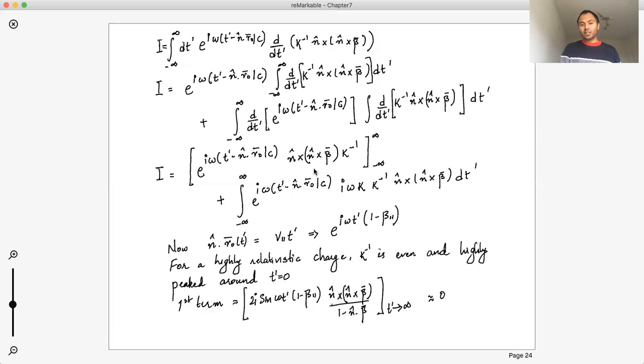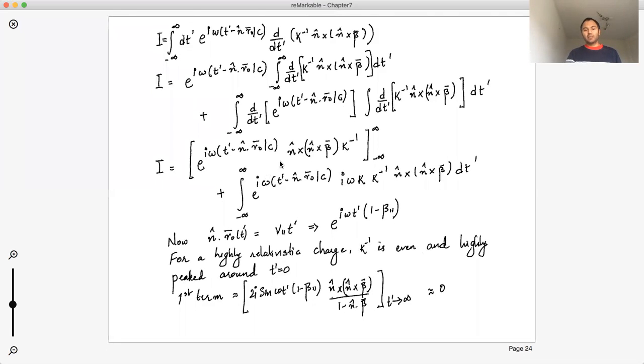So this whole function is really dominated by the behavior of kappa inverse, because kappa inverse has almost like a pole at t prime equal to 0, right? So kappa inverse is an even function, first of all, and it's going to be very highly peaked around t prime equal to 0, because it'll be of the order 1 over an extremely small number, which is going to 0 as beta goes to 1.